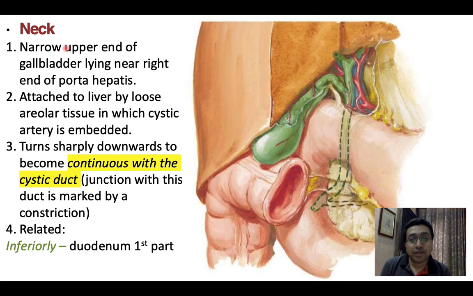The neck is attached to the liver by loose areolar tissue in which the cystic artery is embedded. We will be talking about the cystic artery in detail eventually. The neck turns sharply downwards to become continuous with the cystic duct. Again, it is asked in MCQs. The junction with this duct is marked by a constriction, which is normally present. The neck is related inferiorly to the first part of the duodenum.